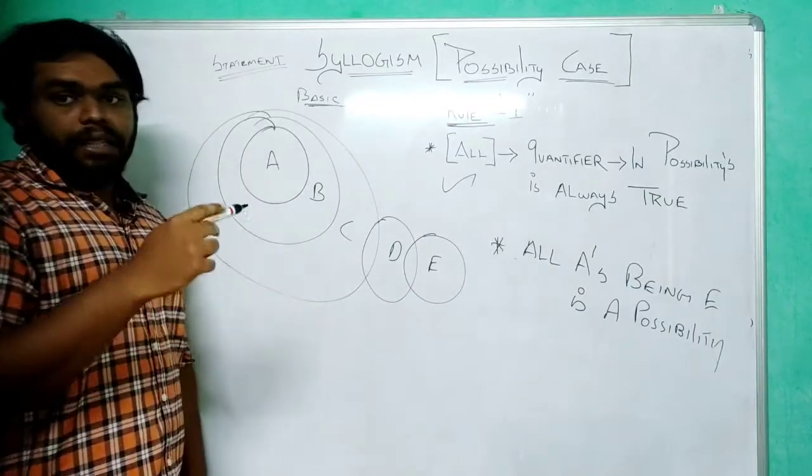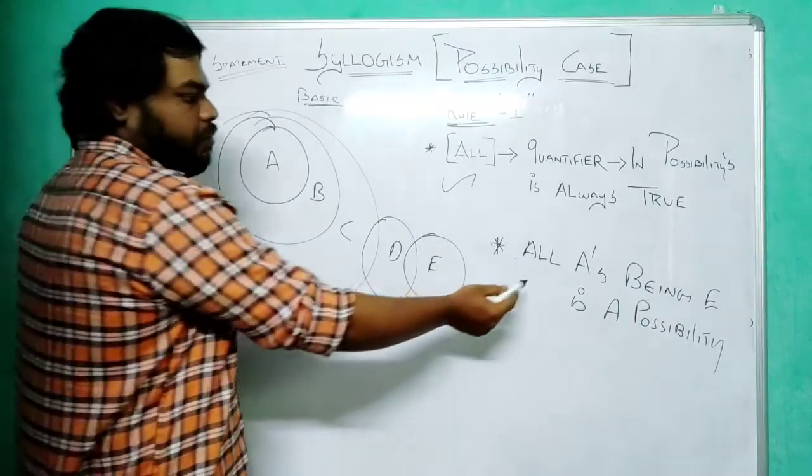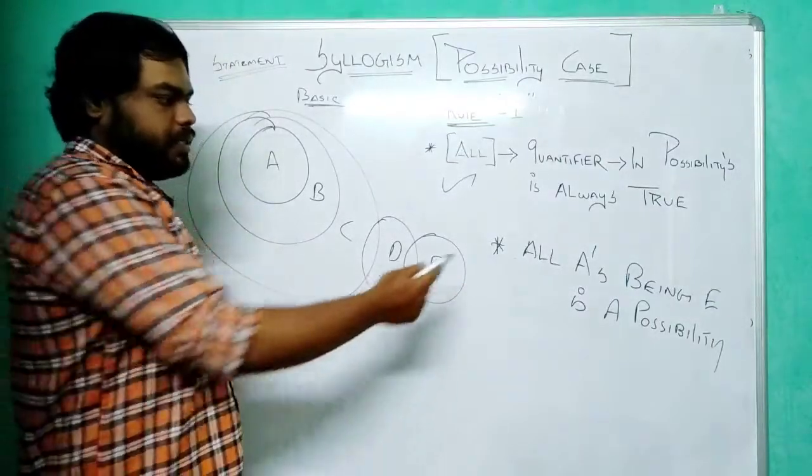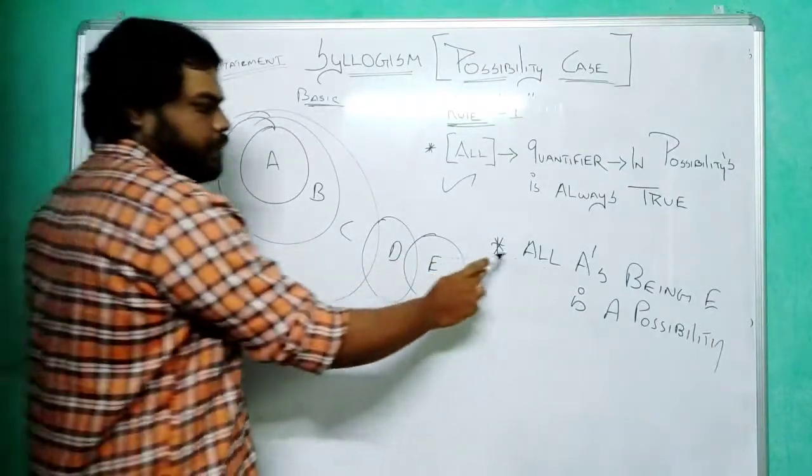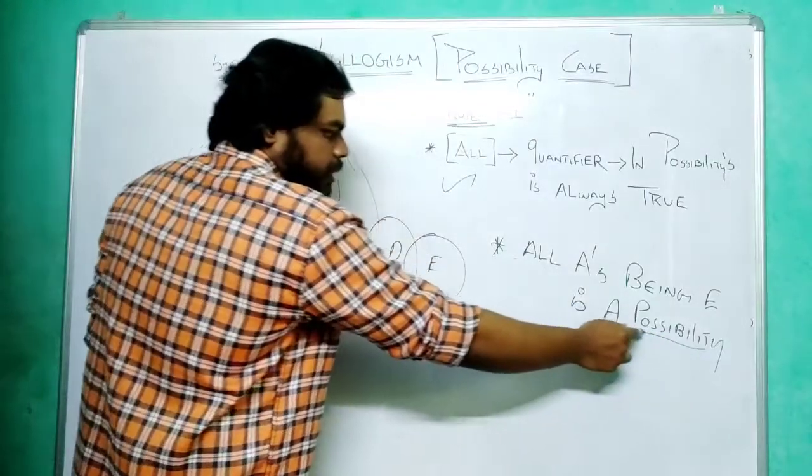In the previous video we saw that for all we don't check for possibilities because it is a positive statement, but this is a possibility case.